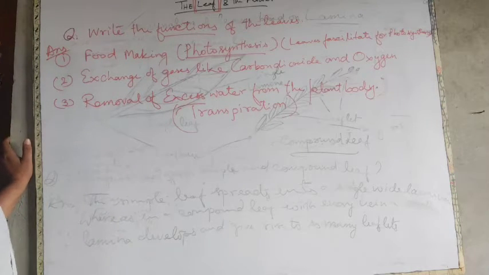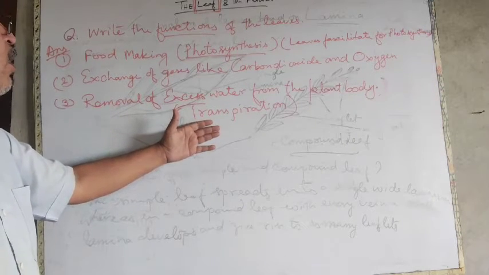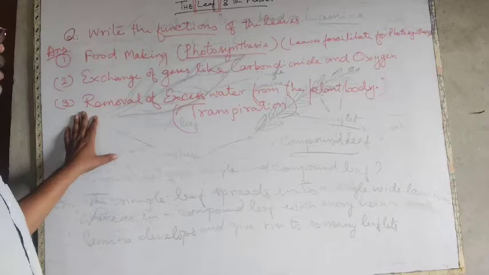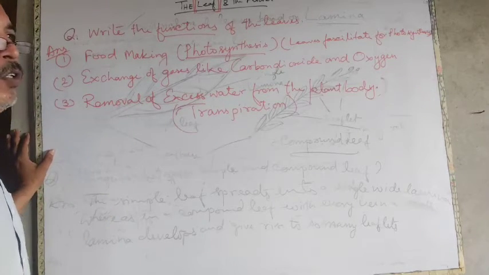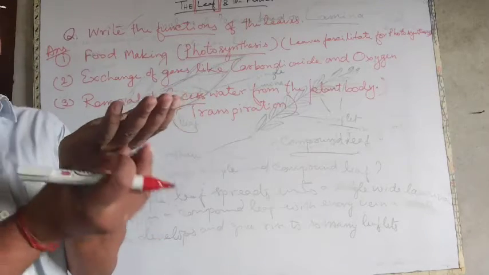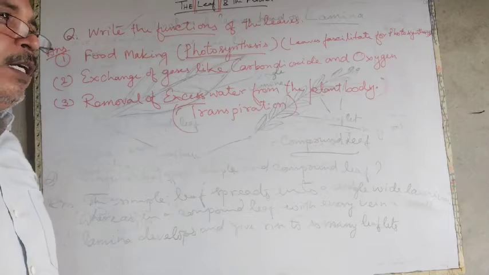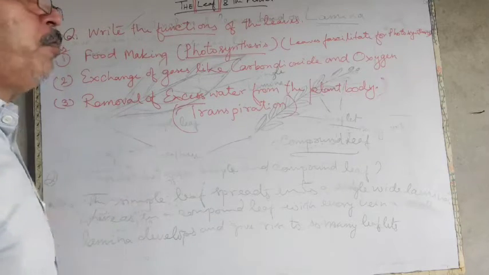So you should not be confused. Transpiration is the name of the process because of which plants remove excess water from their body, right? Through the small holes that develop on the underside of the leaf, known as stomata. So these three are the important functions.